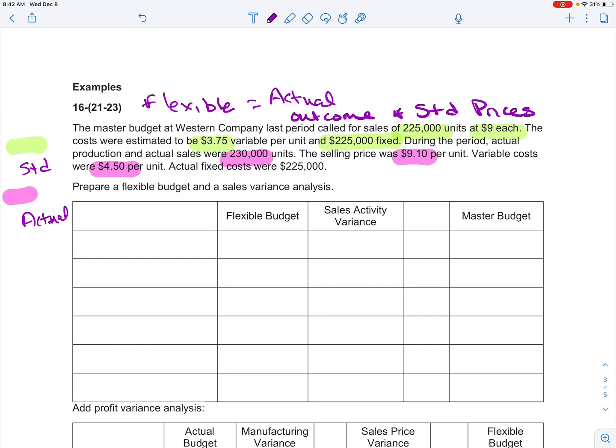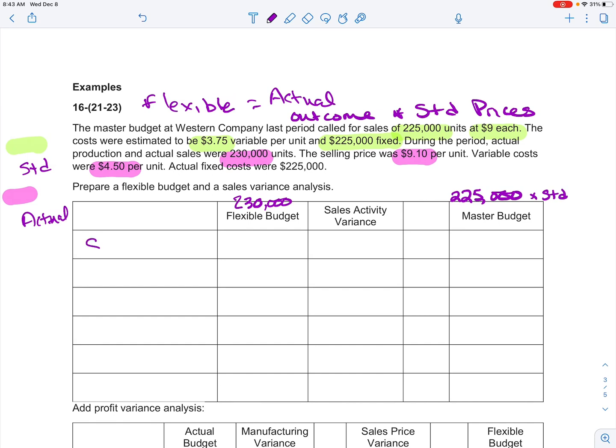So that 230,000 units. But we're going to use those standard prices. Our master budget, because we're looking at a sales variance, is going to be based on what we thought we were going to sell. So let's take a look at how to do this. Again, that flexible budget is based on 230,000. The master budget, what we built originally, was based on 225,000 units at standard prices.